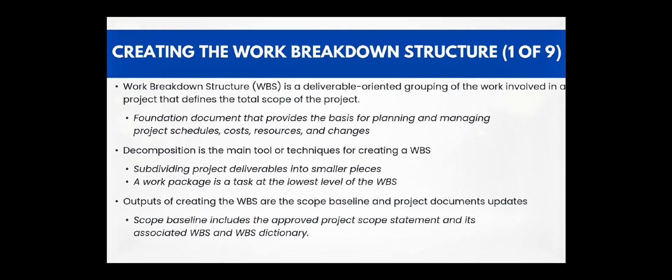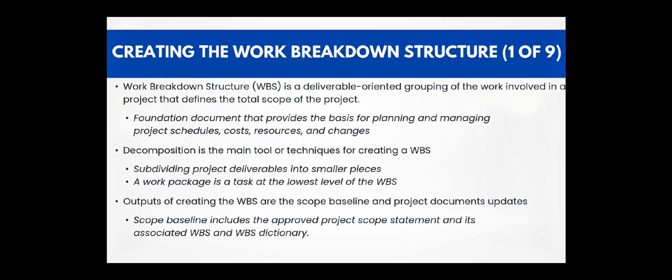After collecting requirements and defining scope, the next step in project scope management is to create a work breakdown structure, or WBS. A work breakdown structure is a deliverable-oriented grouping of the work involved in a project that defines the total scope of the project.